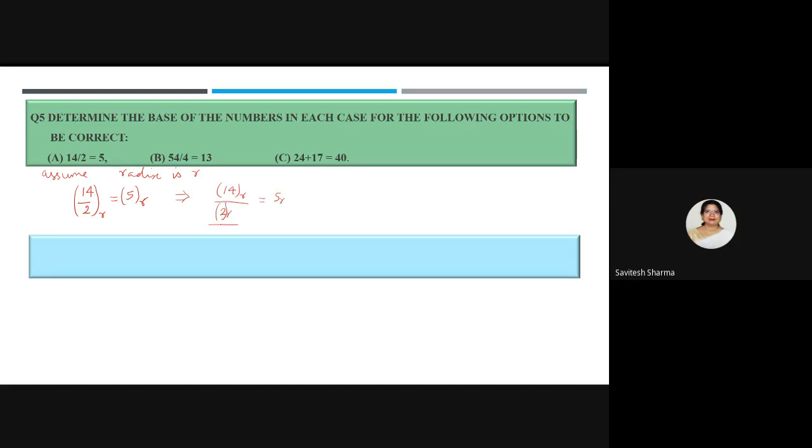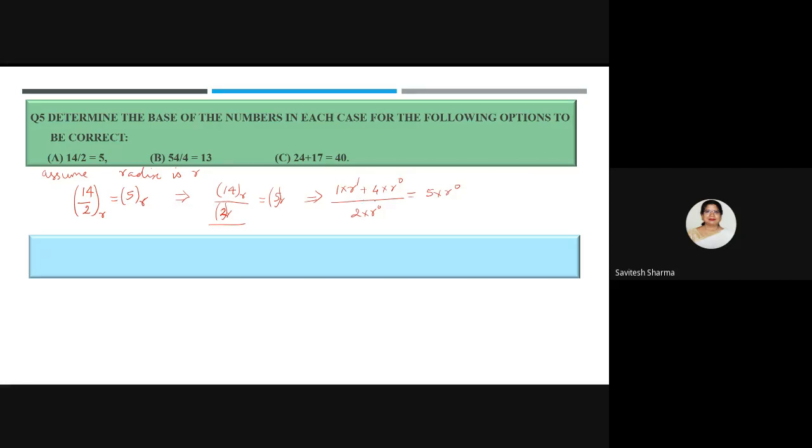So on the left hand side I am applying the conversion. You saw that it is 1/4, so you will write 1 into R to the power 1 plus 4 into R to the power 0, and in the numerator you will use 2 R to the power 0 equals 5 into R to the power 0. So here I am straightforwardly applying a conversion from R to decimal.